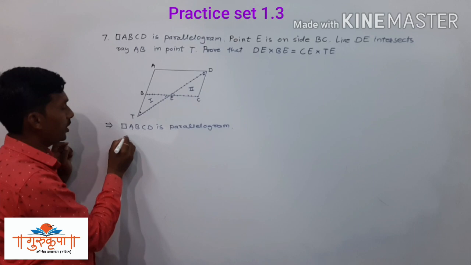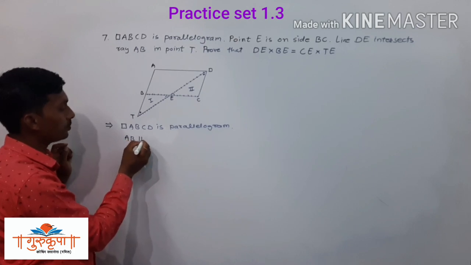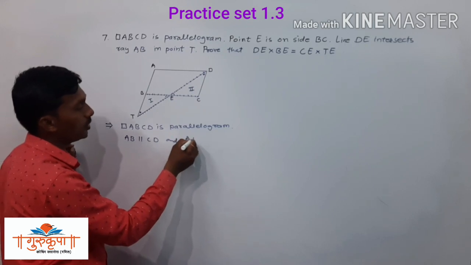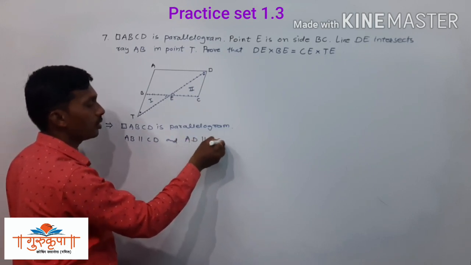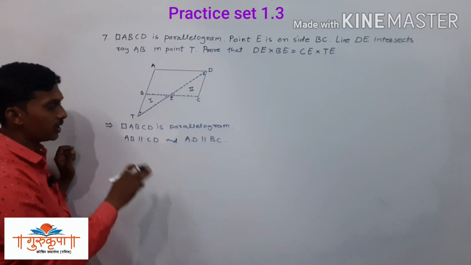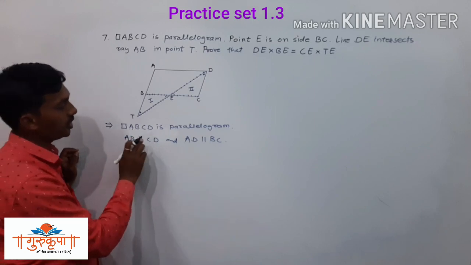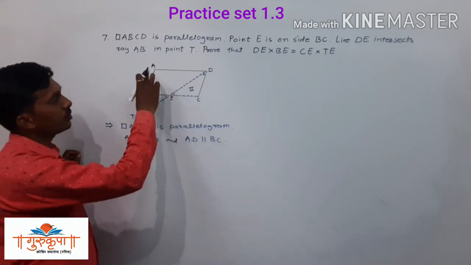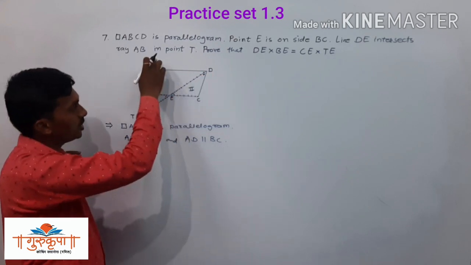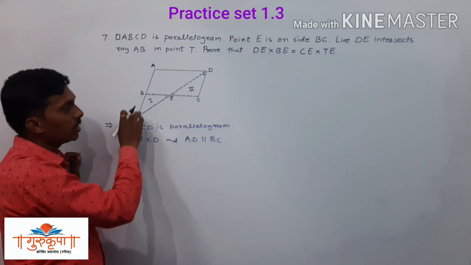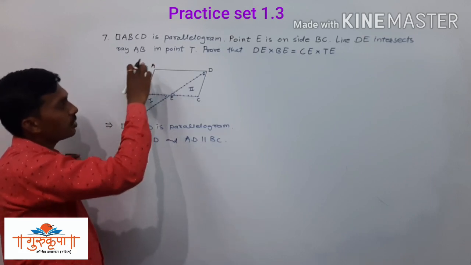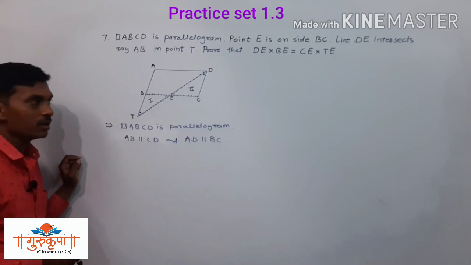Here we can write AB is parallel to CD and AD is parallel to BC. We have to use this much only, AB is parallel to CD, that is AT. Since B is in between A and T, we can write AT in place of AB.